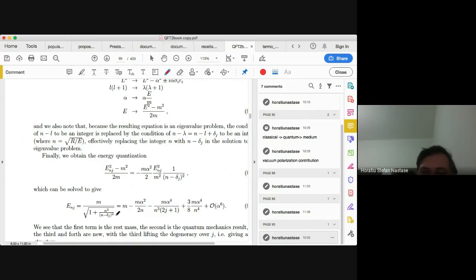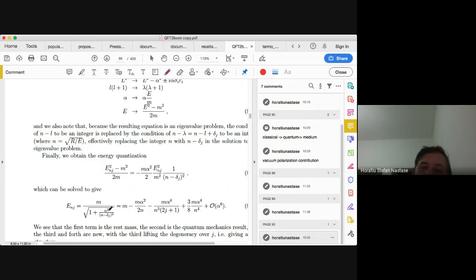Expanding this in alpha, remember that, again, alpha is 1 over 137, so it's very small. So expanding in alpha squared, I get what? I get first m. This is a relativistic equation, so the energy has to start with the rest energy, m.